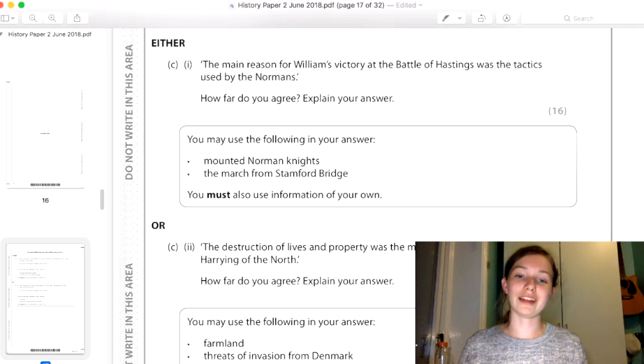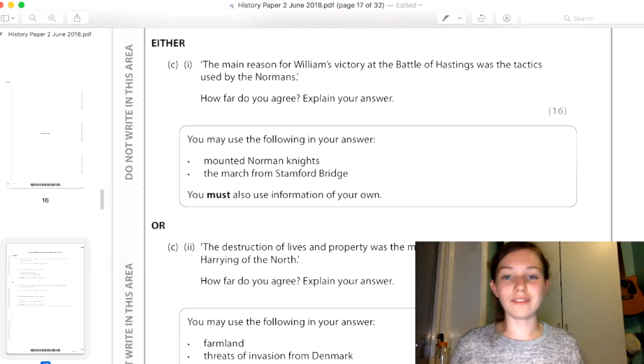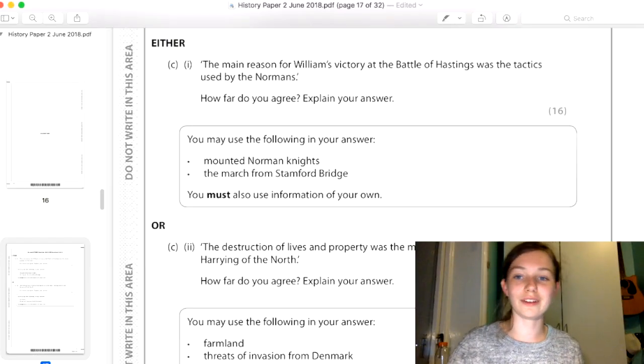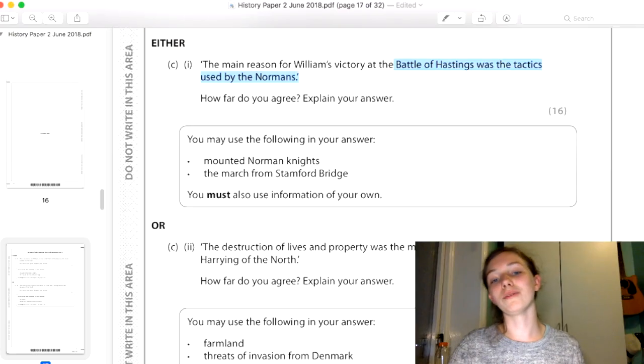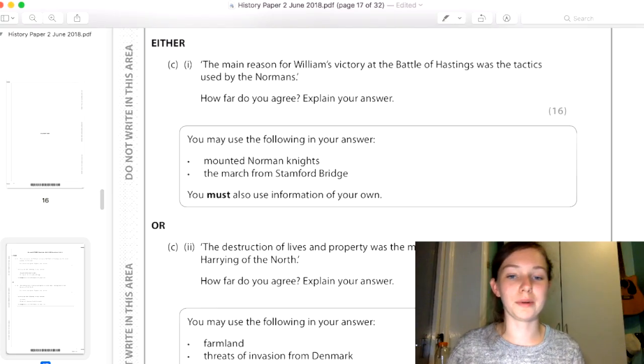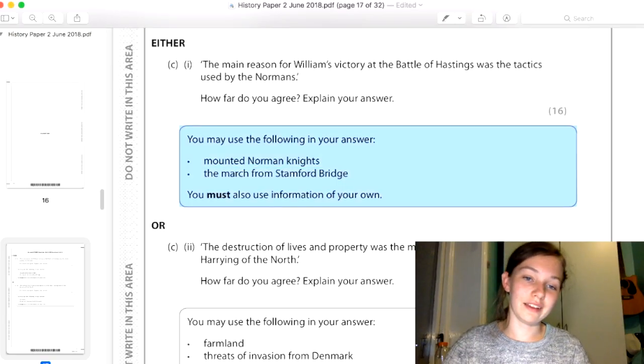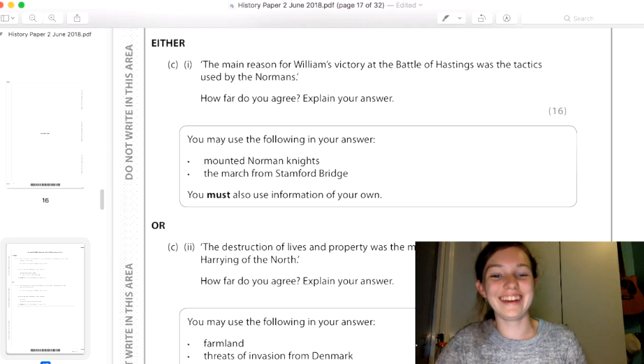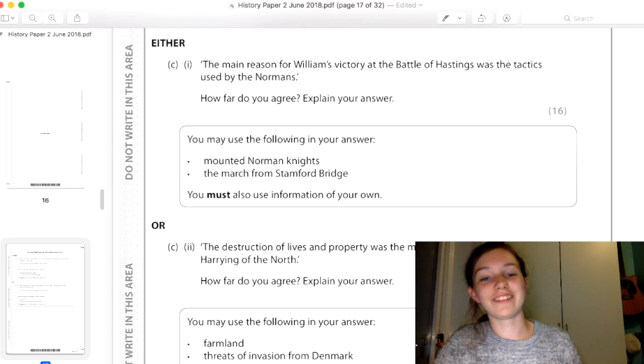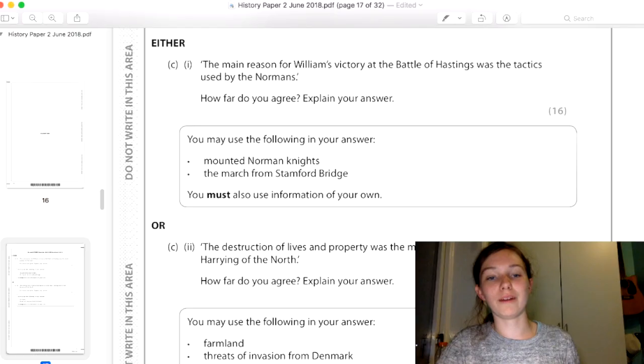Your conclusion will be something like, therefore I agree that the main reason for William's victory at the Battle of Hastings was the tactics used by the Normans. This is because the Normans had mounted knights, and the feigned retreat would be a nice one to talk about. Also you've got the march from Stamford Bridge, which is an argument for the opposite side, because it suggests it was bad luck for Harold Godwinson.